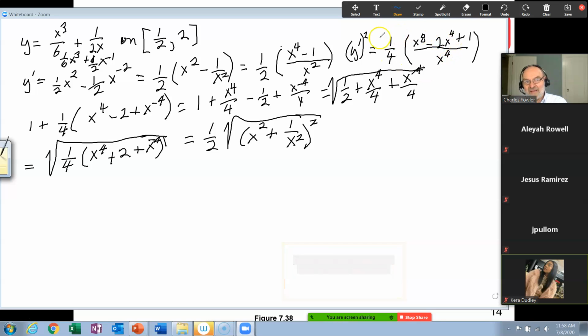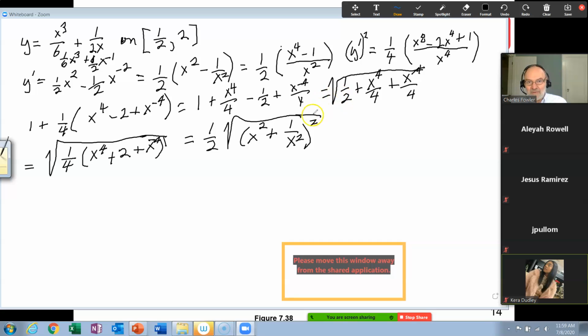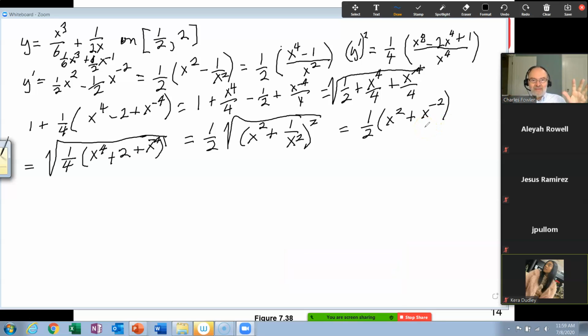So when I take a square root of this, I get a plus here. That's very fortunate, okay? Because the square root of a perfect square is just 1/2 times x squared plus, I'm going to go back and write it as x to the minus 2. Now that was a lot of weasel words and manipulation there, but that's exactly what they got.